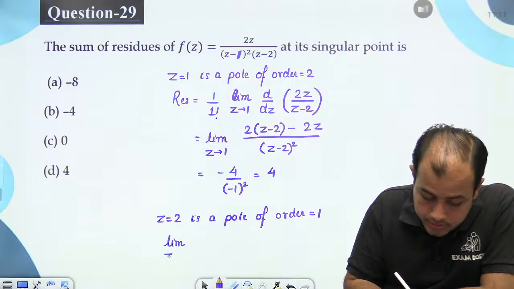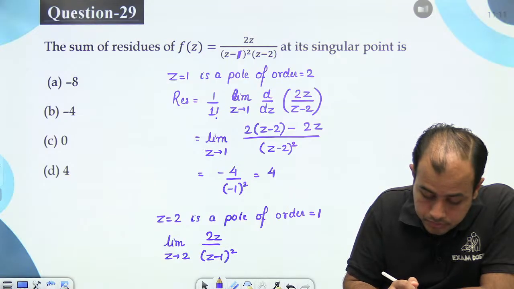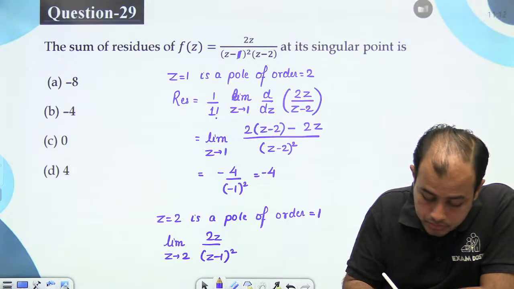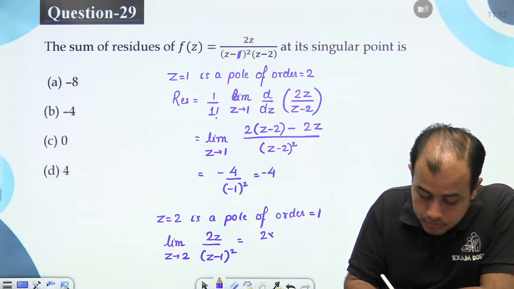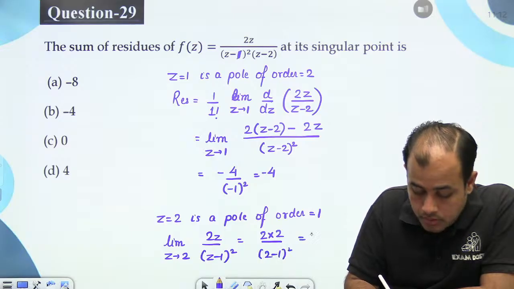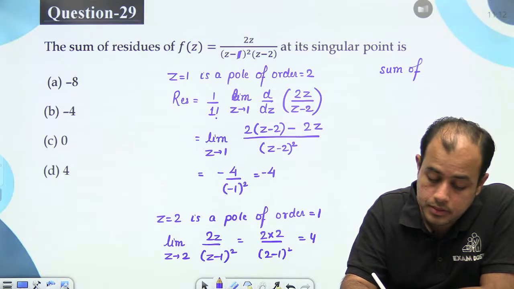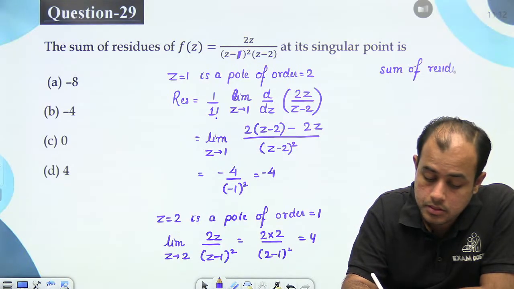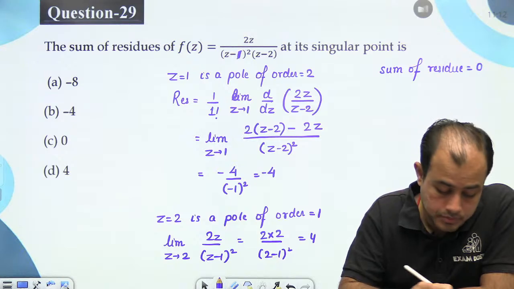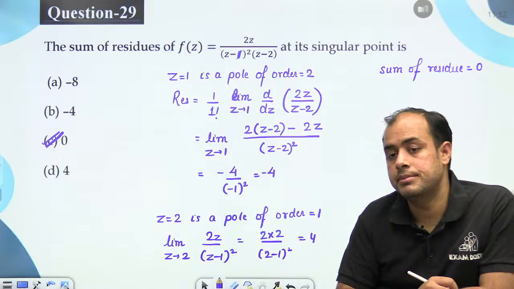So residue is, so the sum of residues will become 0.